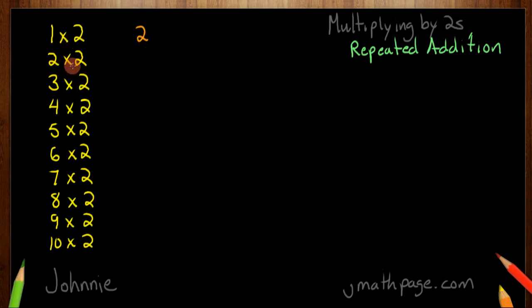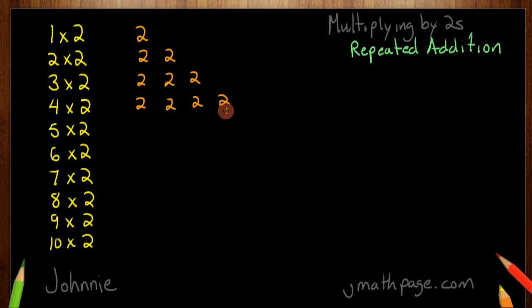If I say 2 times 2, what I'm saying is I need to have two 2's. So one 2, and a second 2. 3 times 2, well, I need to have a 2, a 2, and a 2. 4 times 2, a 2, a 2, a 2, and a 2.